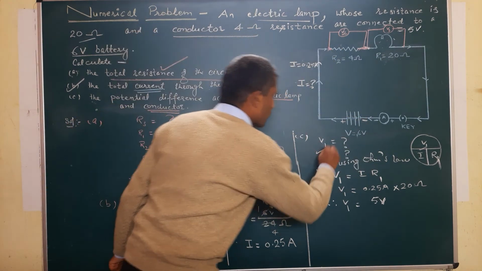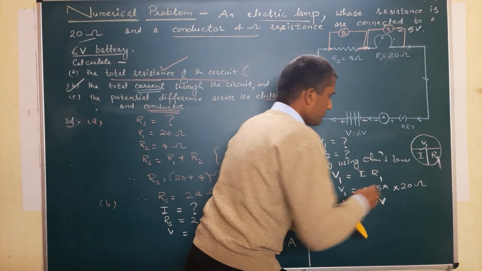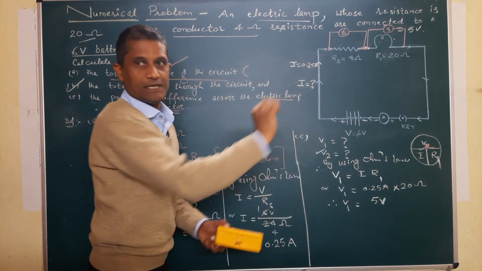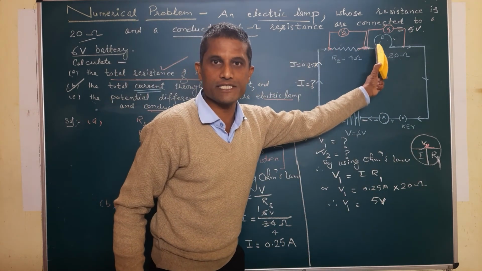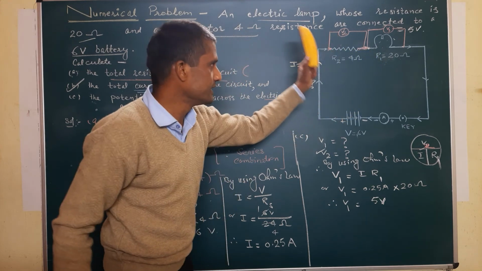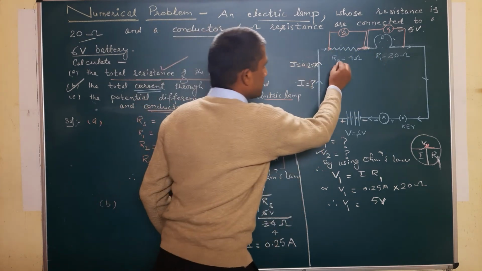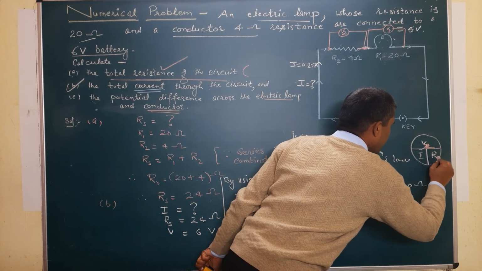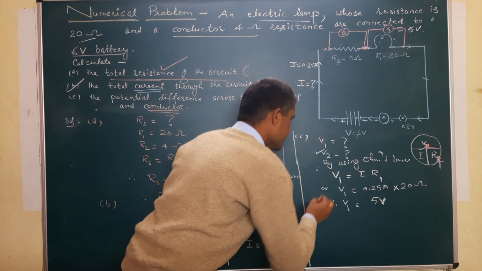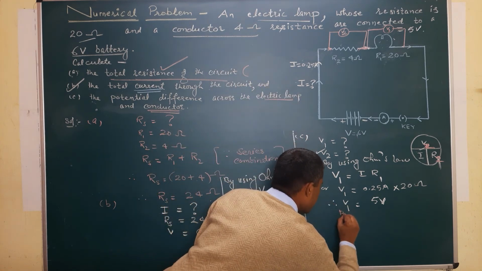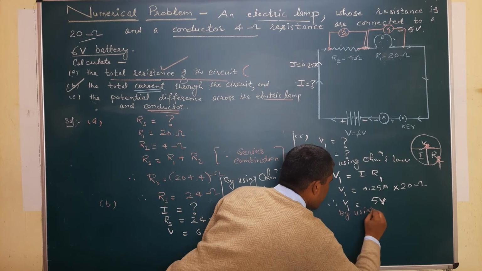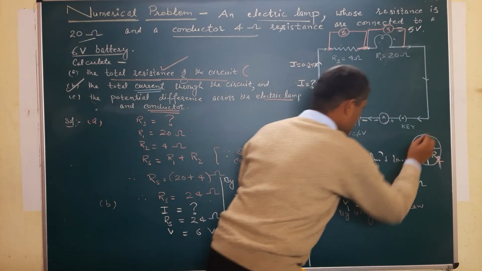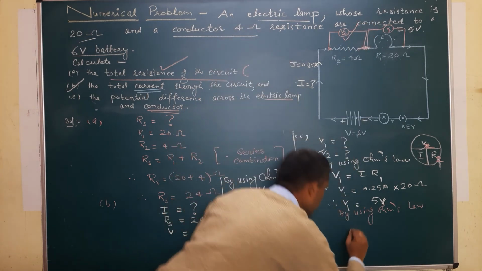So here we are going for V2. I remains the same because total current will flow through each and every resistor, thanks to the series combination, but R has become R2. We will write once again by using Ohm's law: V2 is equal to I times R2.